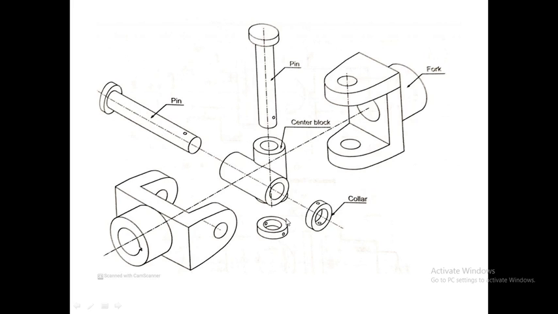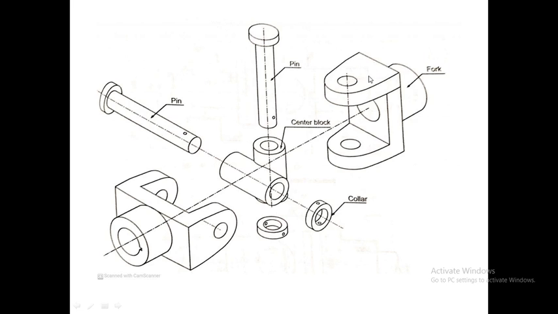That is, when we draw the top view or the front view, we will draw the front view and top view of cylinders. Similarly, for this vertical fork, the holes inside it, this hole and this hole as well as this hole are cylindrical in shape. Then the hole for the shaft is also cylindrical in shape. Then this hub is also cylindrical in shape. So we can conclude that in this assembly drawing, the majority of the parts are cylindrical in shape.